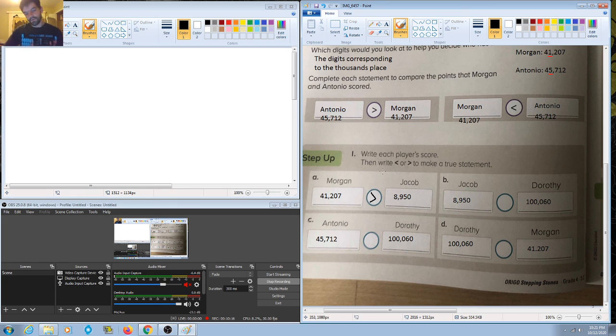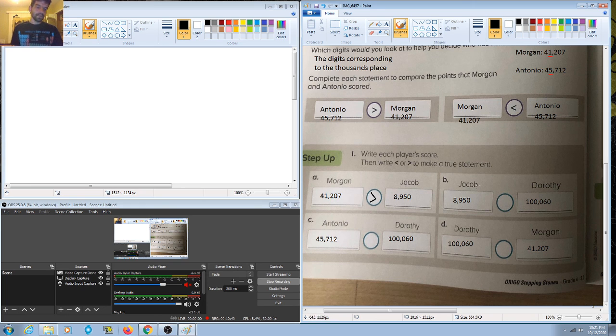Okay, so again, it's not going to matter. This is a situation where if the number of digits between the two numbers are not the same, we can always just go to which one has the higher number of digits, because that higher number of digits indicates that there is a higher place value in that number that does not exist in the smaller number.